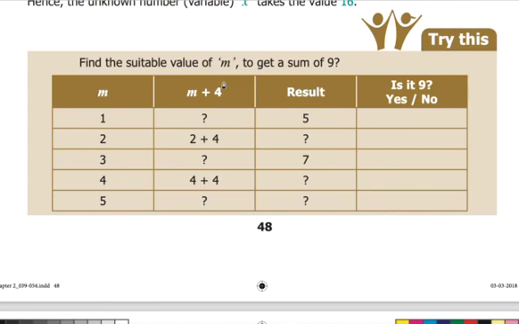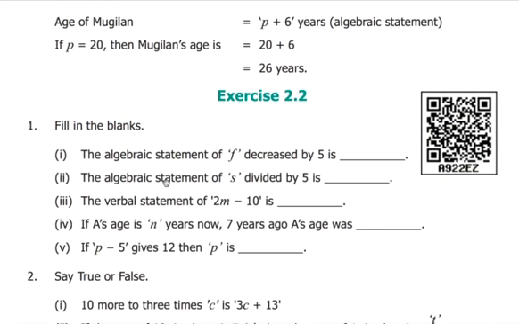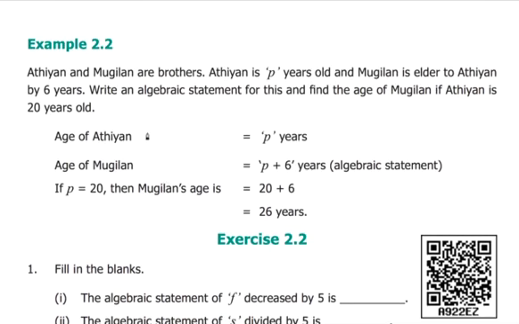Find the suitable value of m to get the sum of 9. 5. Athiyan and Mugilan are brothers. Mugilan is elder to Athiyan by 6 years. Write an algebraic statement for this and find the age of Mugilan if Athiyan is 20 years old. So age of Athiyan is p, age of Mugilan is p plus 6. If p equals 20, p plus 6 is 26.